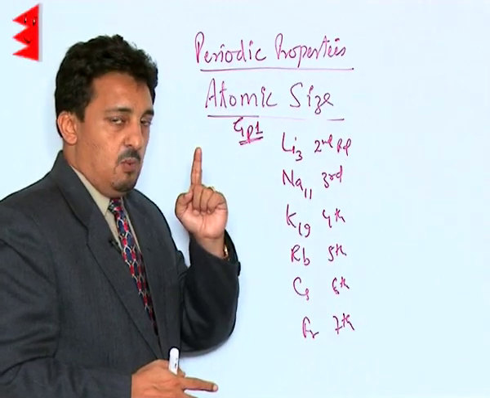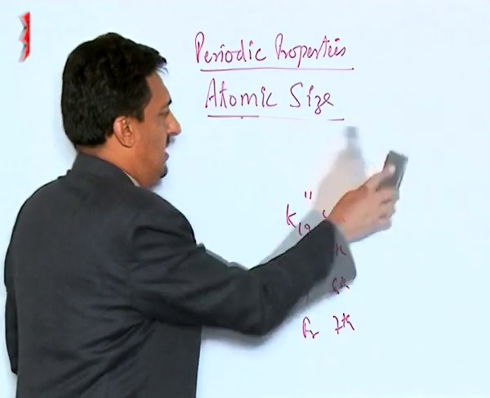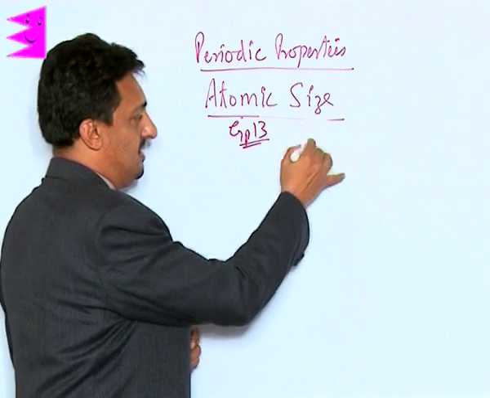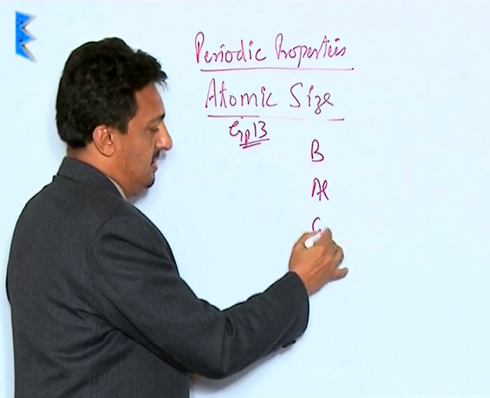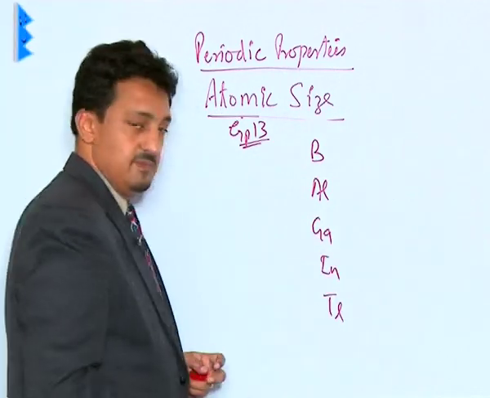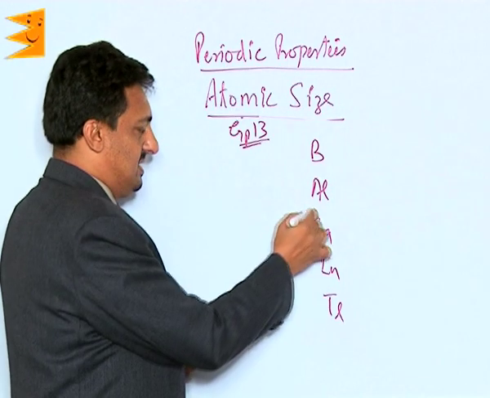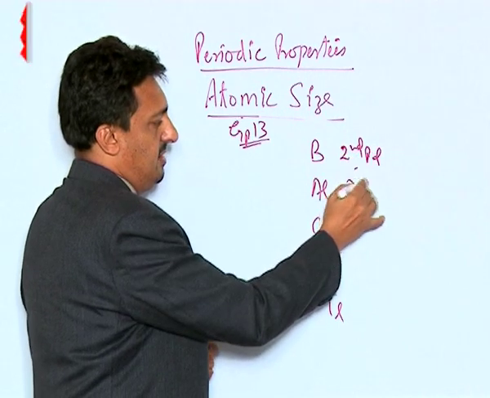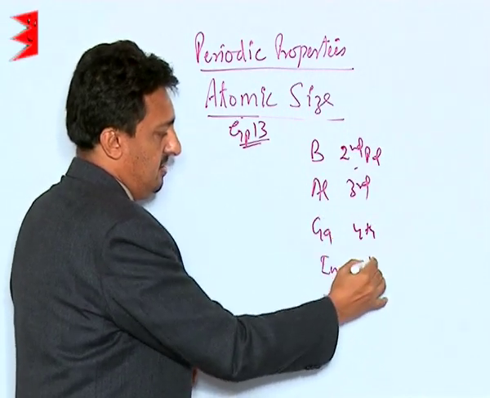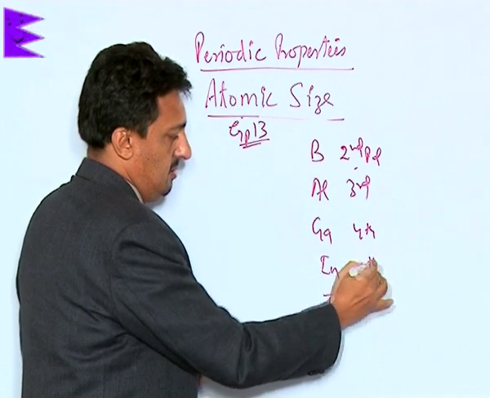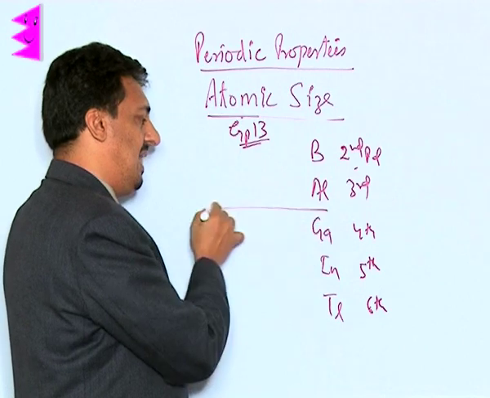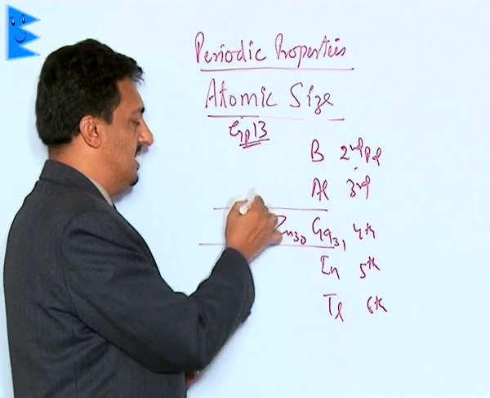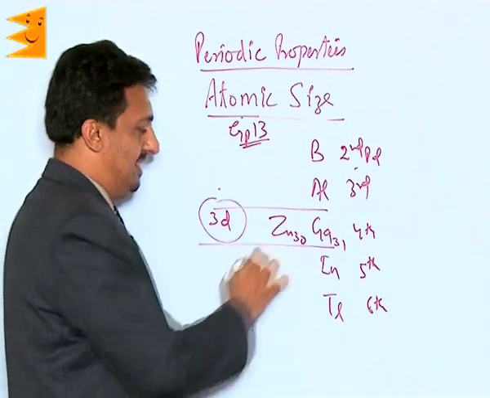We have only one exception to this. The exception is in case of group 13: boron, aluminium, gallium, indium and thallium. Boron is from the second period, this is from the third period, fourth period, fifth period and sixth period. Gallium has atomic number 31 and it comes after zinc, the moment the 3d gets completely filled.